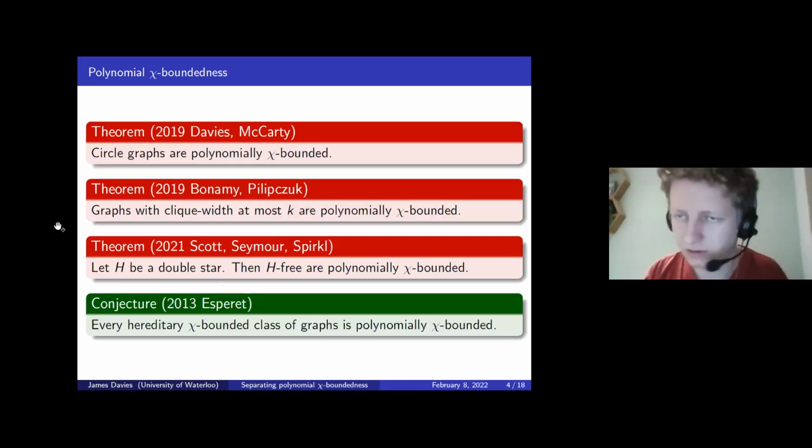So there was this conjecture that every hereditary class that's chi-bounded is also polynomially chi-bounded. This would say that all these nice polynomial chi-boundedness results are just something all chi-bounded classes could have. I don't think anyone really believed this conjecture, but it was something we frustratingly couldn't find a counterexample to.